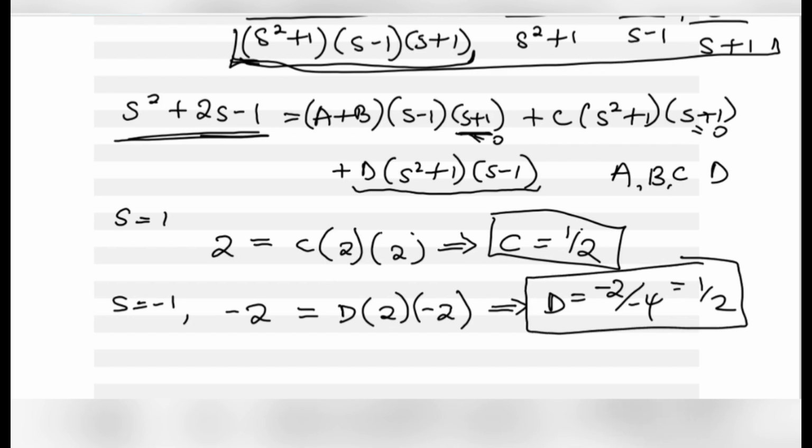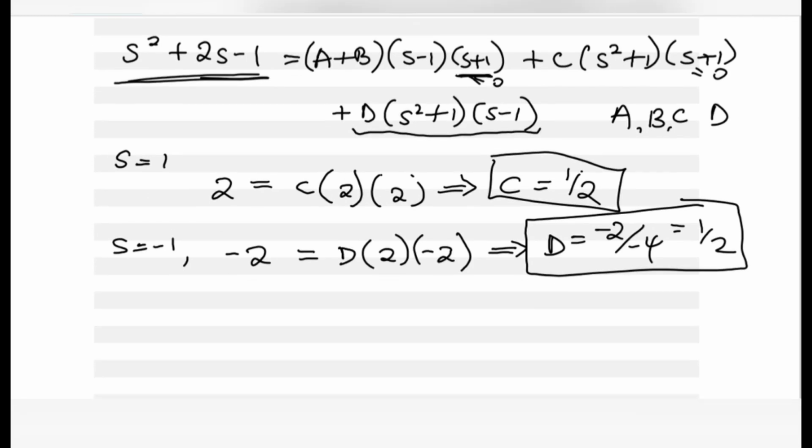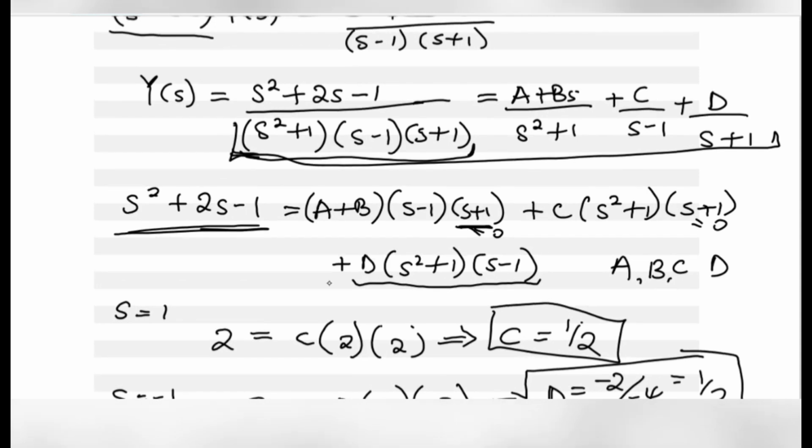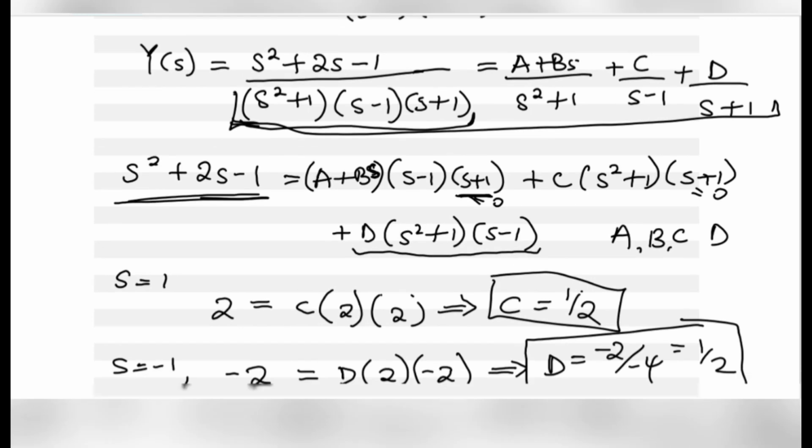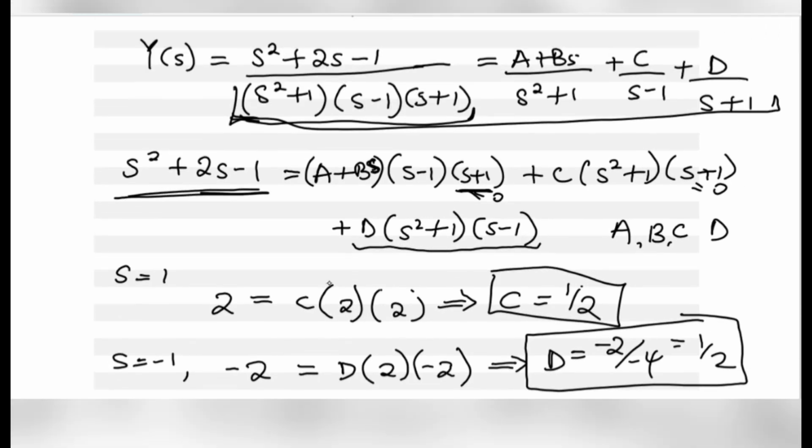It's left for us to find our a and b at this point. So we can do yet another thing and say let s be equal to 0. And if that's the case, the right hand side is going to give us negative 1. And if s is 0, we're going to have a here. Oh, that's an s here, please. Okay, I skipped it. Sorry, guys. So, because we have it here, bs.